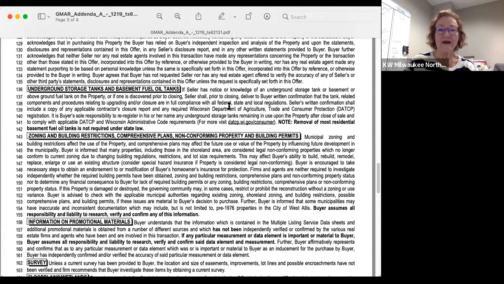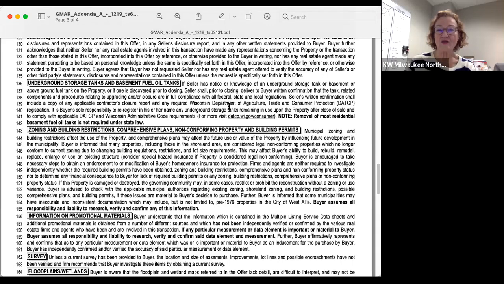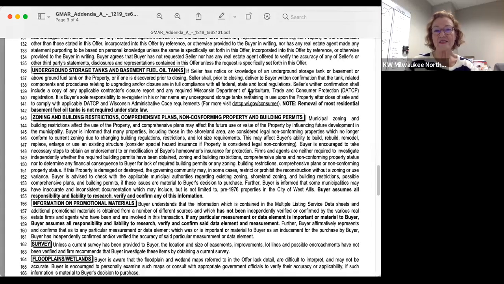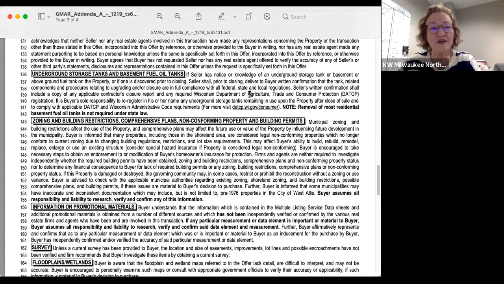Buyer agrees that buyer has not requested seller nor any real estate agent to verify the accuracy of any of seller's or other third-party statements, disclosures, or representations contained in this offer unless the request is specifically set forth in this offer.